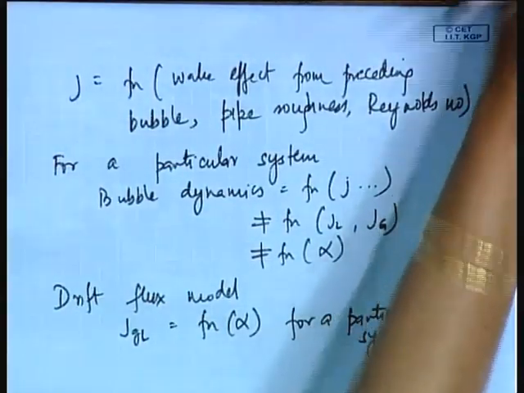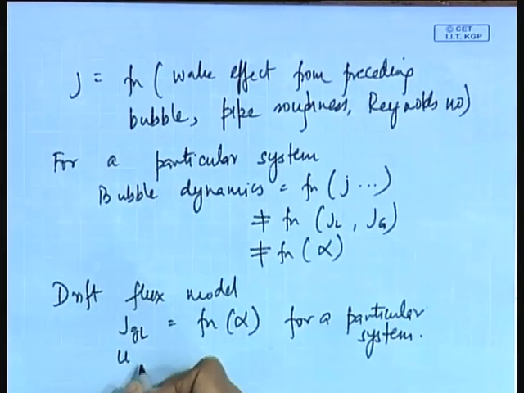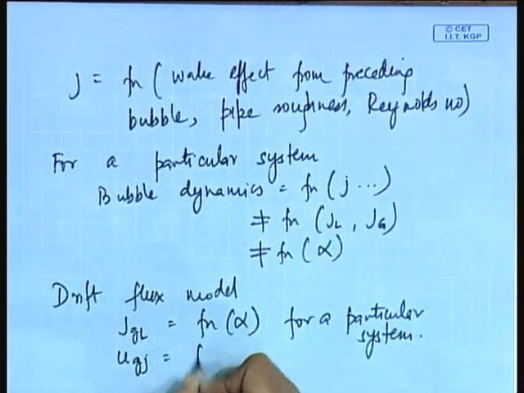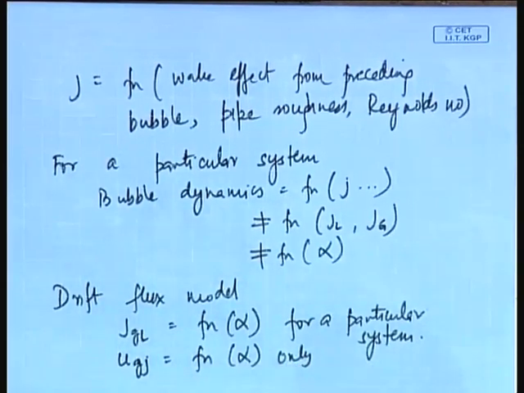If JGL was a function of alpha, then naturally your UGJ should also be a function of alpha only. Yes or no? Try to understand, I am saying quite contradictory things. By considering the slug flow dynamics, we find that it is primarily governed by the bubble dynamics, the rise characteristics of the bubble.